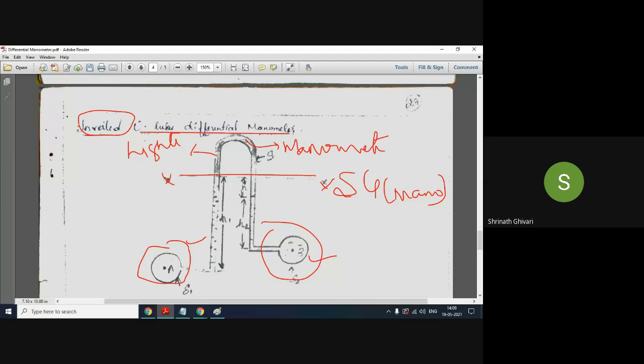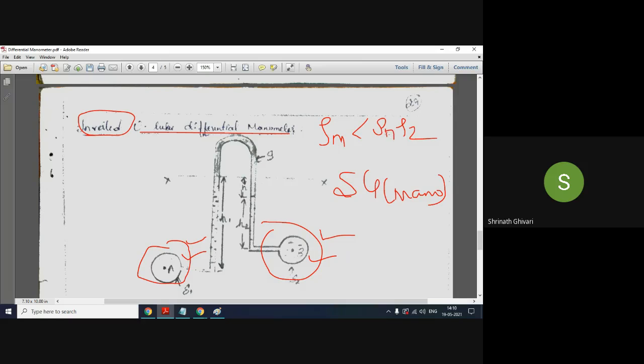So the manometric liquid will be lighter compared to the liquid flowing through these two pipes. Therefore, the density of the manometric liquid will be less than the density of the fluid flowing through the pipe. I'll write rho A and rho B. So the density should be less compared to the density of the fluid flowing through these two pipes.